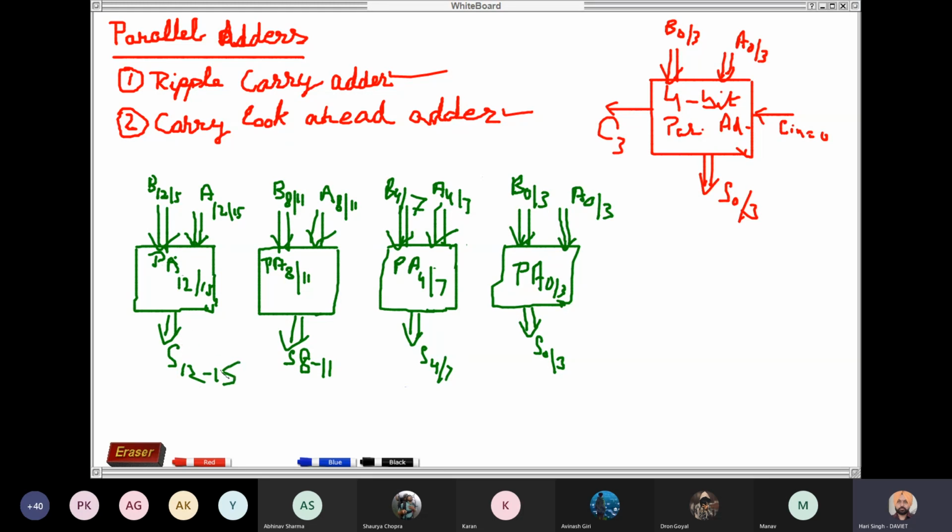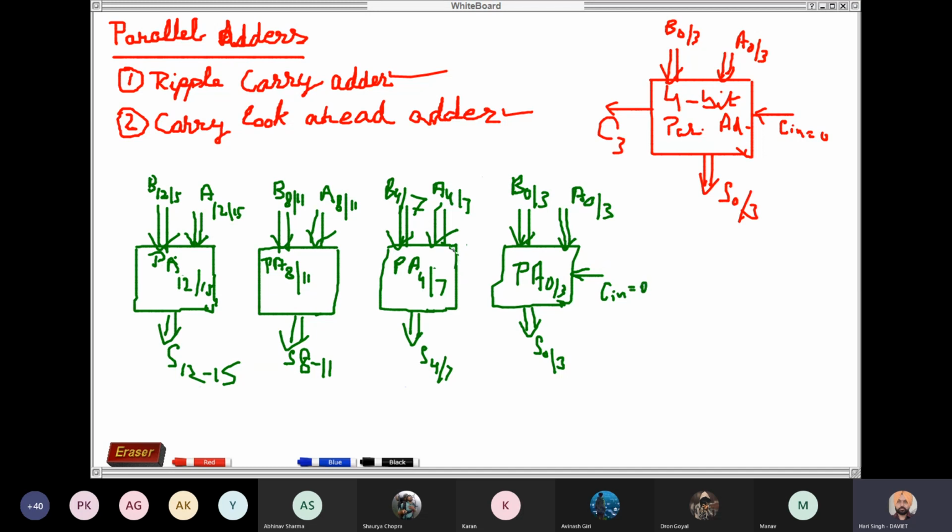Okay, so now we have to cascade these individual 4-bit adders. The carry provided to the first adder's LSB is Cin, so we provide 0 as carry input.